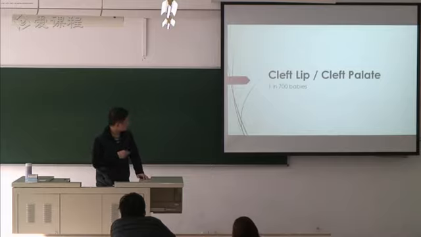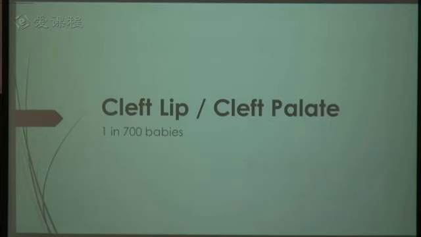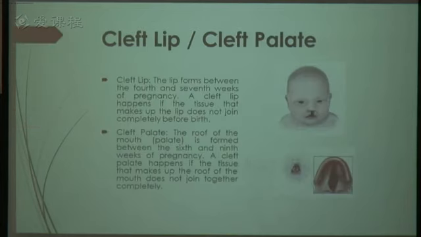This happens in about 1 in every 700 babies. So basically, this cleft lip, if you look at it right here, forms between the 4th and 7th weeks of pregnancy. It happens because the tissue that forms the lip does not close together, so there's a gap there.